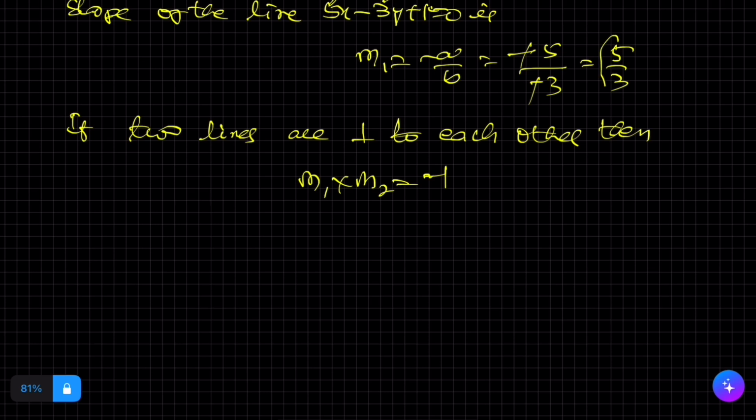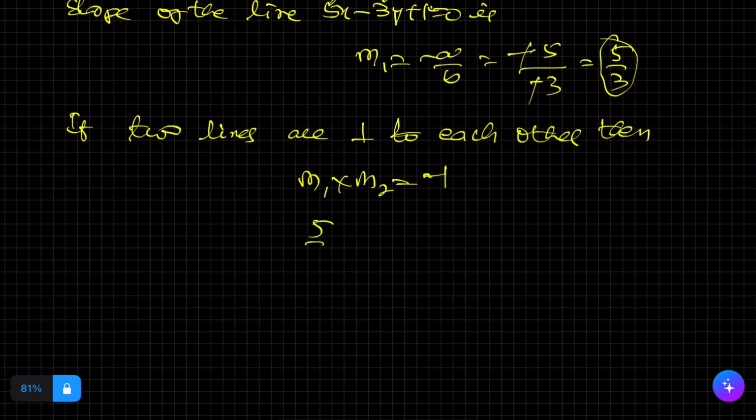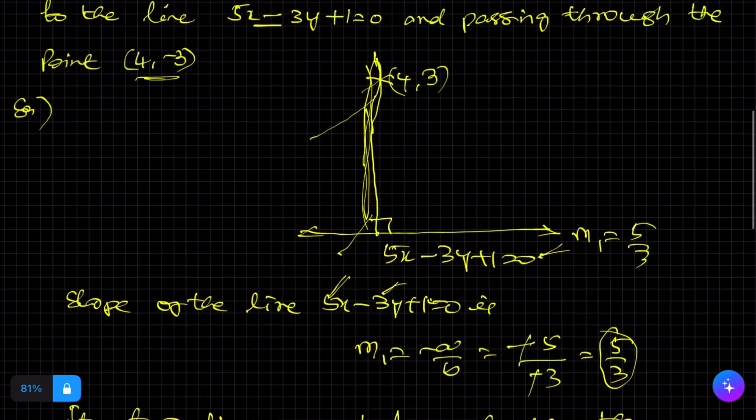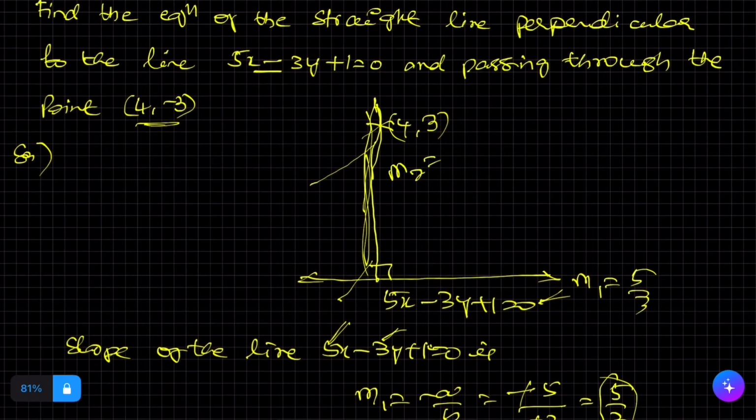So the value of m1 is 5 by 3 into m2 equal to -1. Now 5 by 3 shifted there, so I'll get 3 by 5. So m2 equal to -3 by 5. So the slope of the required line, m2, is nothing but -3 by 5.